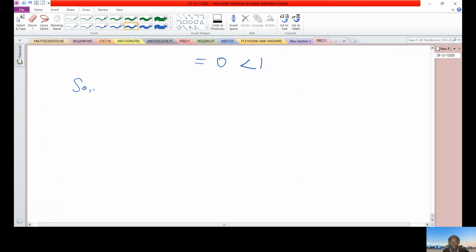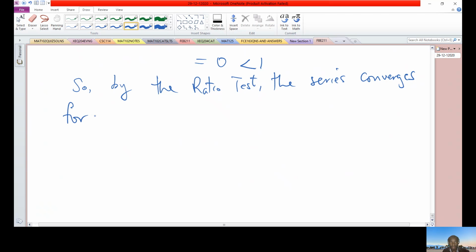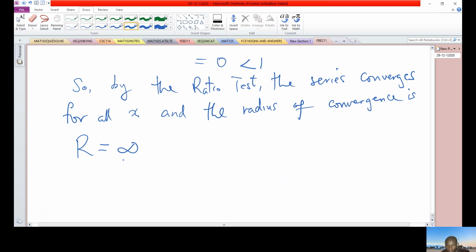So by the ratio test, the series converges for all x and the radius of convergence is R, which is infinity.